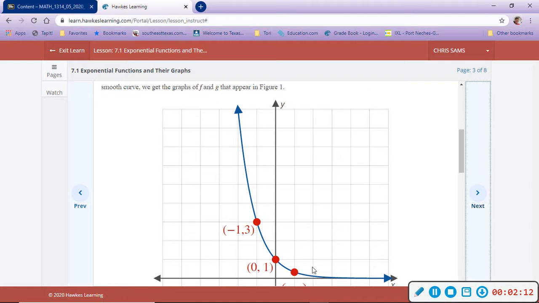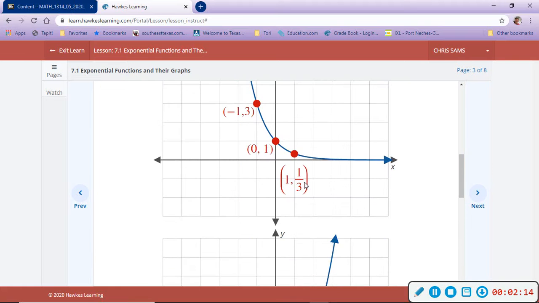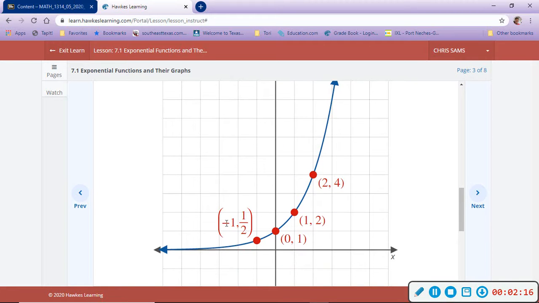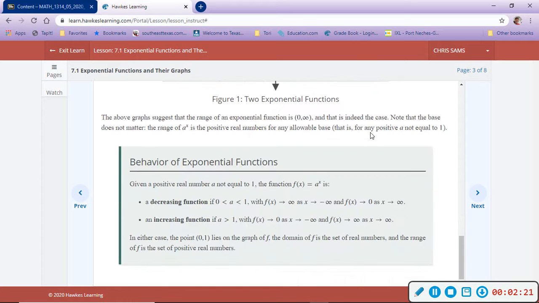Here is the visual for decay from left to right. This graph is decreasing, going towards 0. And for growth, this graph is increasing, going from left to right. Down here, they discuss the end behavior. So again, it's showing a decreasing function. Your base a will be between 0 and 1.